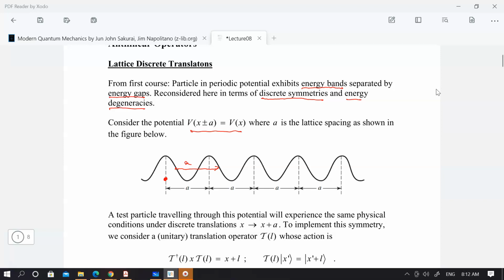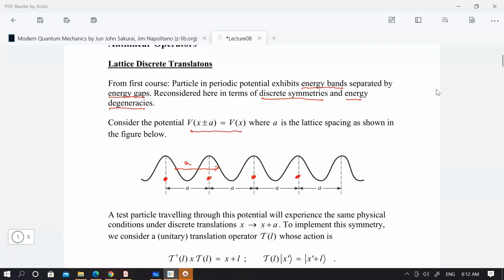You can think of these as core ions in some material, repeated at all these lattice sites.